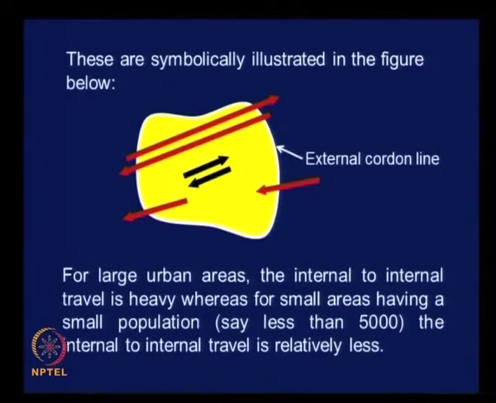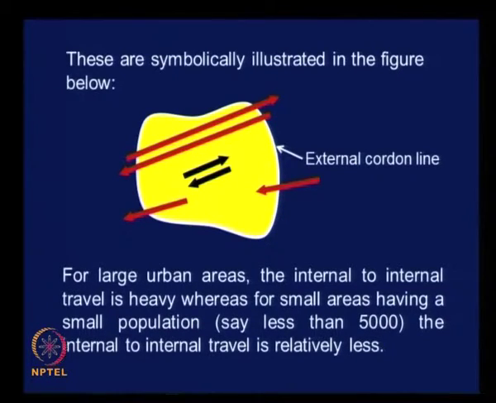For large urban areas, the internal to internal travel is heavy because the area is large. Obviously, internal to internal trips, if you work it out as a percentage, will be much higher, whereas for small areas having a small population, say less than 5,000, just a town, the internal to internal travel is relatively less, right.